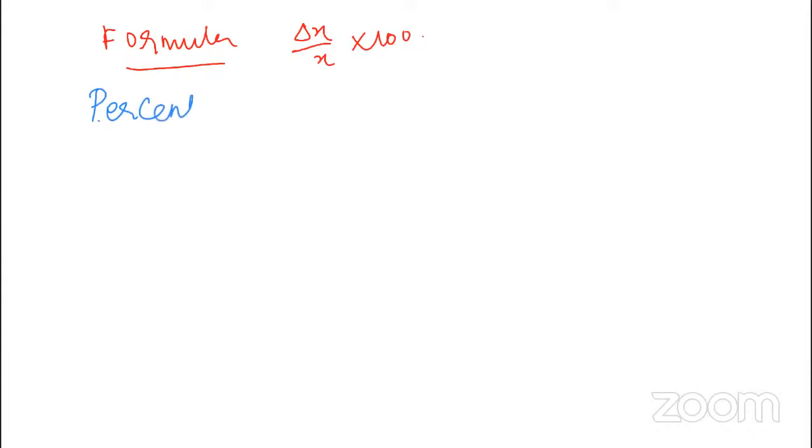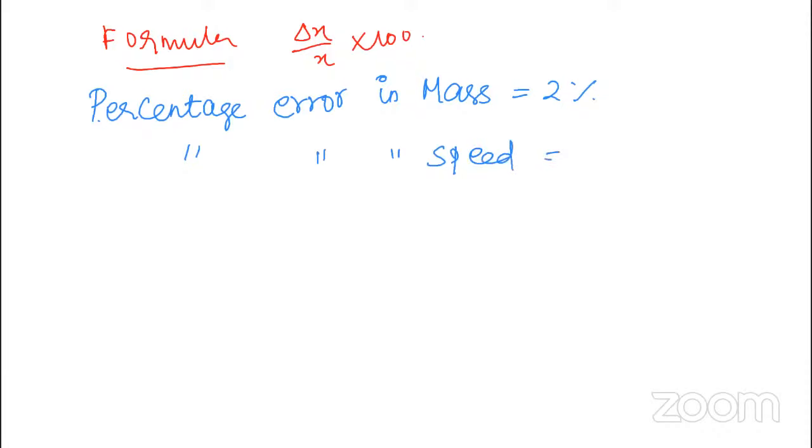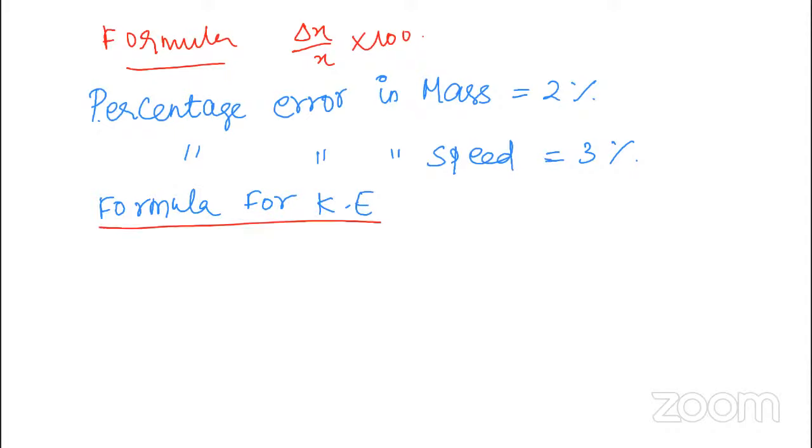Percentage error in mass is equal to 2%. Okay, right. Then percentage error in speed value is equal to 3%. Okay. So what is the formula for kinetic energy? Formula for kinetic energy சொல்லுங்க பார்க்கலாம்.